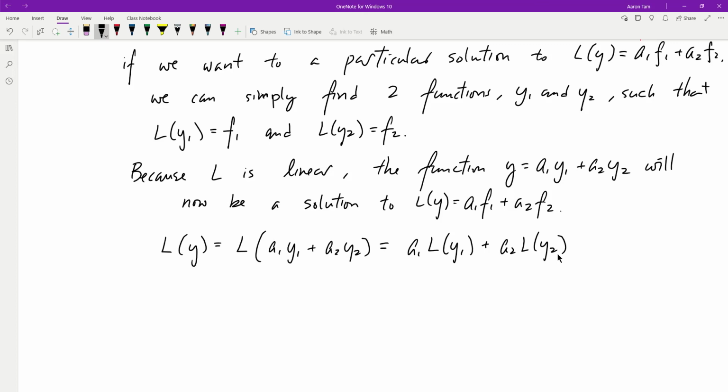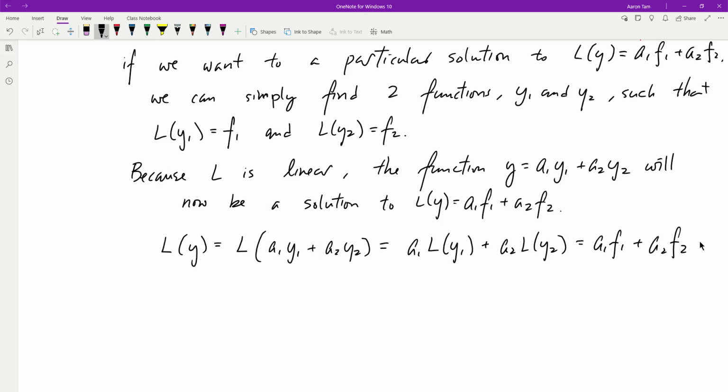And since we already know L of y1 is f1 and L of y2 is f2, this just equals a1 f1 plus a2 f2. Notice the important part here is that we don't need to know that y equal to a1 y1 plus a2 y2 is the only solution to the differential equation.